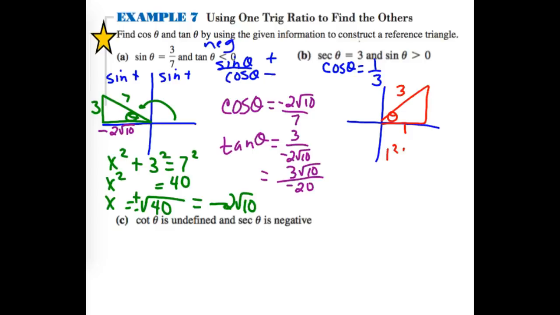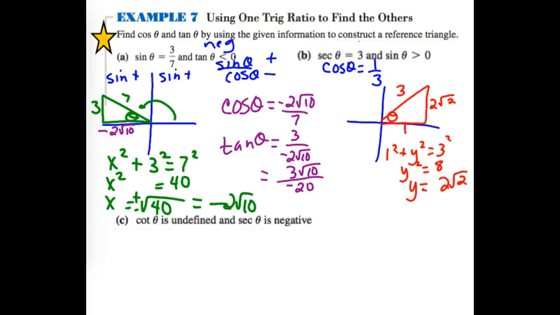So 1 squared plus y squared has to be 3 squared. We good with that? Okay, 3 squared is 9, subtract 1 is 8, y squared is 8, which means y is going to be the square root of 8, which is 2 root 2. And is it the positive or negative version? It's the positive version. All right, so we have a 2 root 2 there.